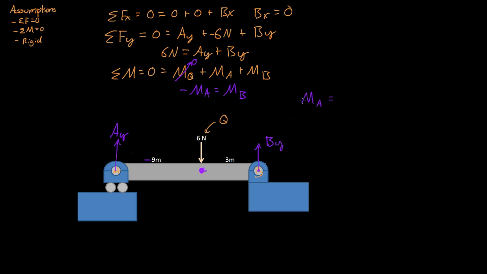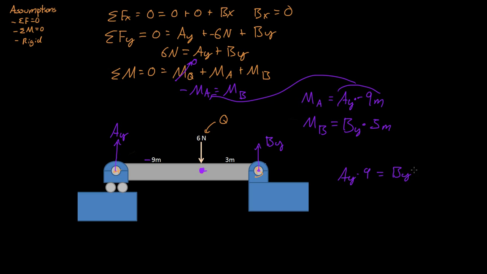So the moment of A must equal AY times a negative 9 meters, and the moment of B must equal BY times 3 meters, and we have that negative A moment equals a negative B moment. So we'll plug this right there. That would knock out that negative 9. So we have AY times 9 is equal to BY times 3 meters.